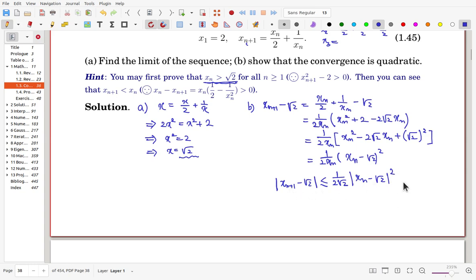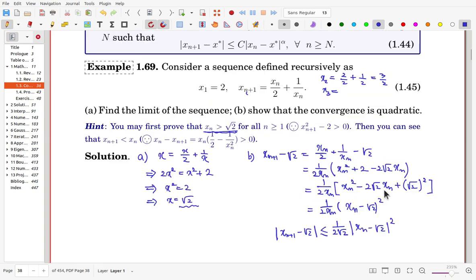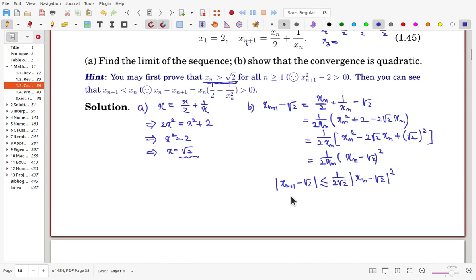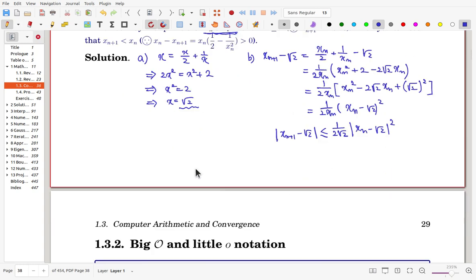So exactly this is what we needed: the later error is bounded by a constant times the earlier error squared. So it is quadratic convergence.